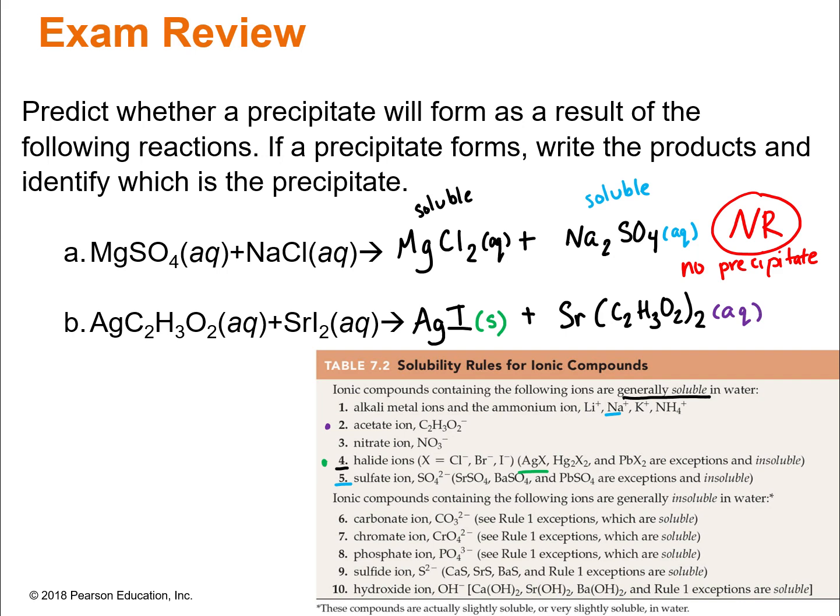So we do form precipitate. It is the silver iodide that forms a solid. And that's it for these. Questions about using solubility rules or predicting the products?